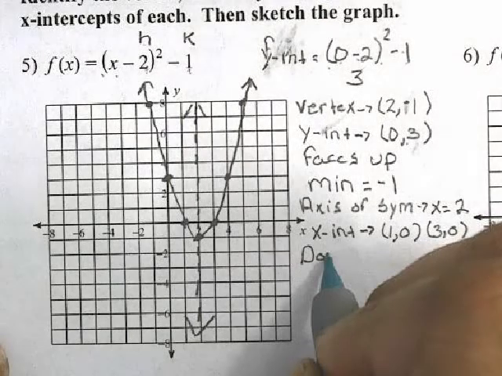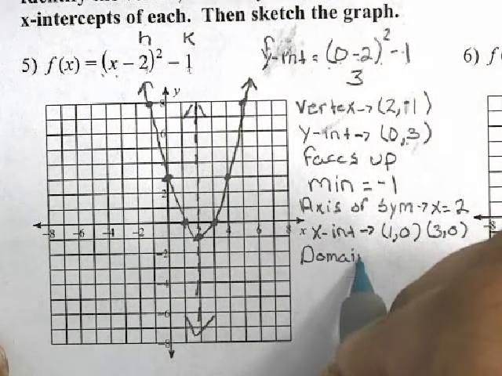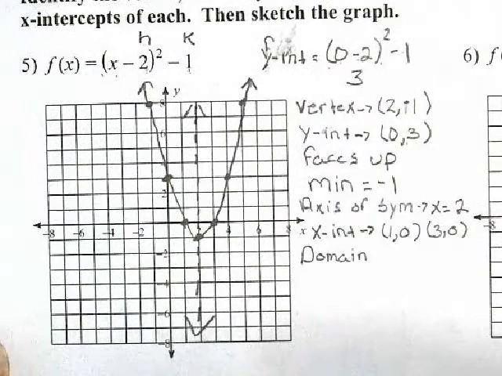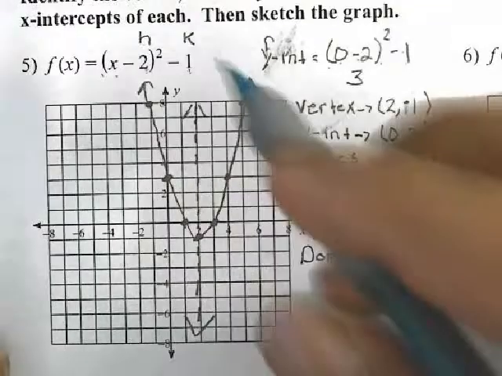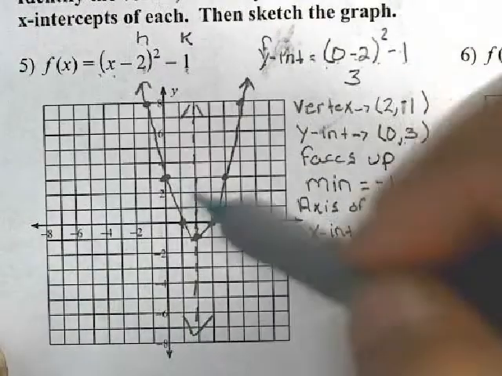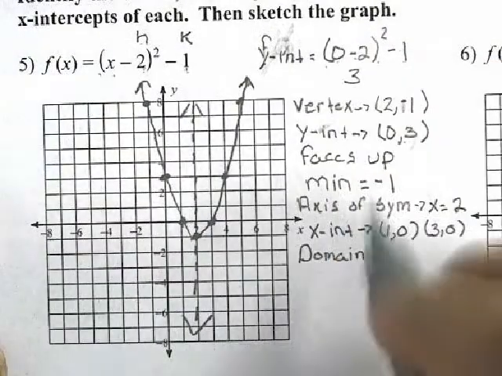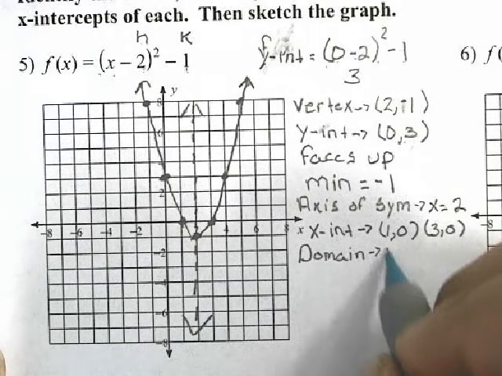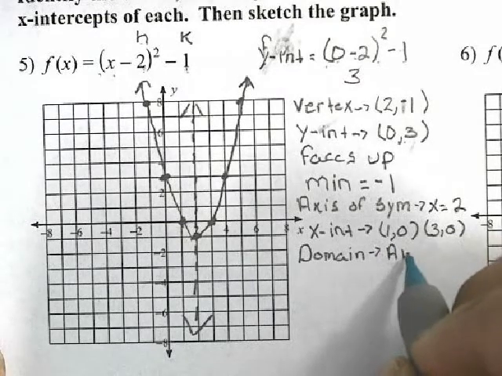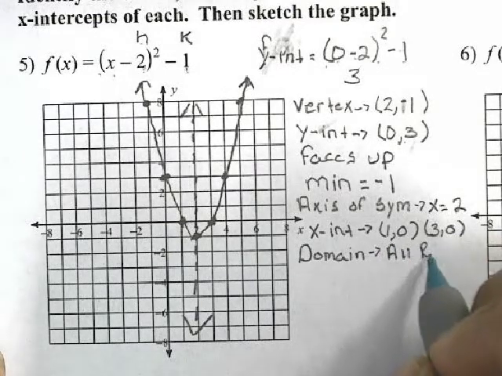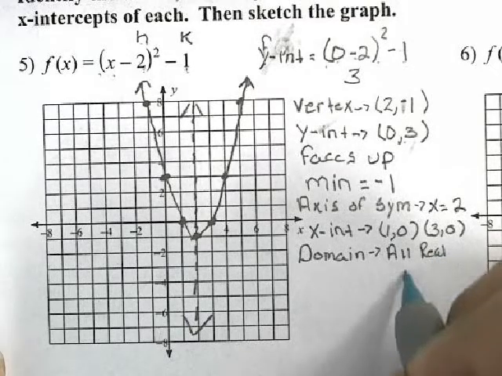Now, the domain. Here's the thing. As long as the parabola faces up or down, the domain will be all real numbers. It has to have the arrows and be facing up or down. The domain will always be all real numbers because that's the set of x's.